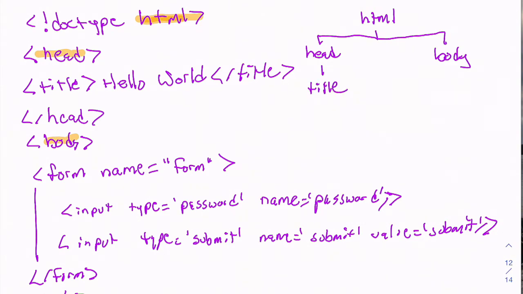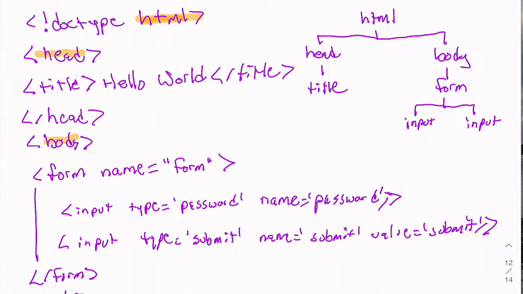Coming off the body element, I have a form element. And then coming off the form element, I have an input tag. And I have another input element. So the first input element is the password, and the second input element is the submit button.